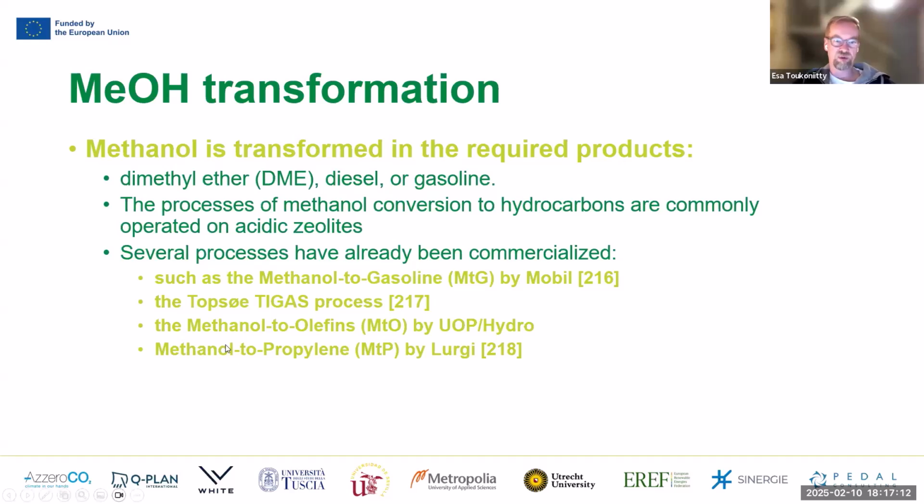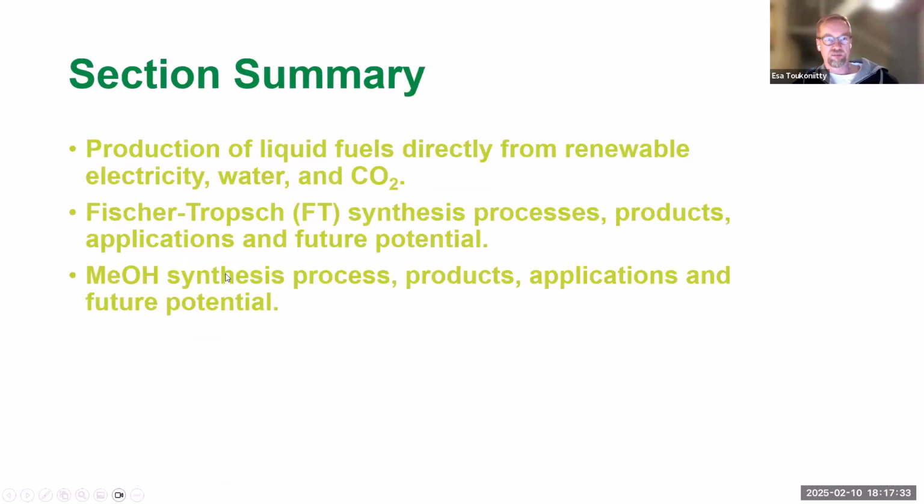Then there is the methanol to propylene process also. So this is also an olefin, propylene, but specific. So 3 carbons, the olefins are more general in this bullet number 3. But those are the things related to methanol.